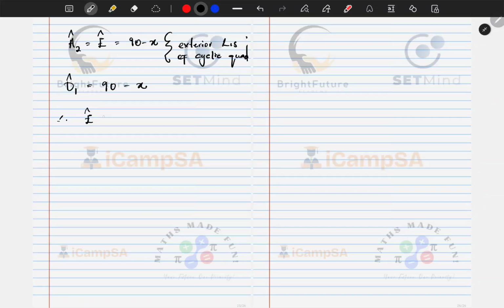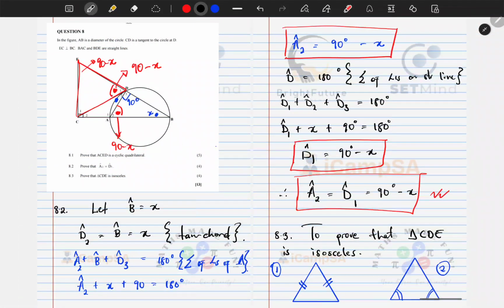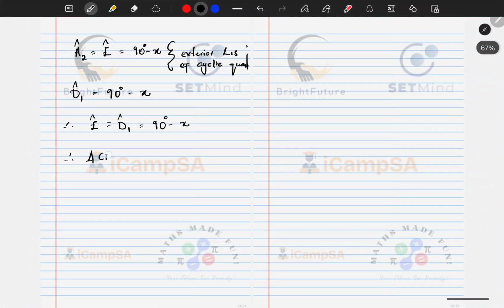Therefore, your angle E is equal to angle D1, which is equal to 90 minus x. Therefore, triangle CDE is isosceles, because two angles are equal.